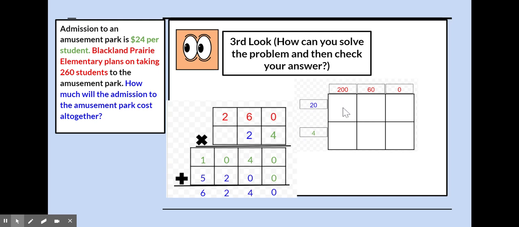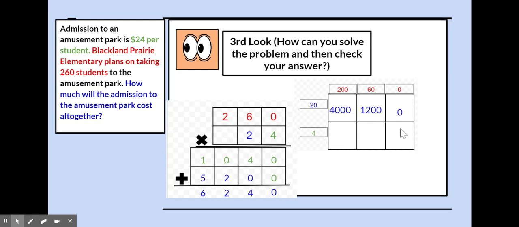So in this first box, we're going to multiply 20 times 200, which equals 4,000. Then we're going to multiply for this box 20 times 60, that's 1,200. And to multiply for this box, we're going to multiply 20 times 0, which equals 0.